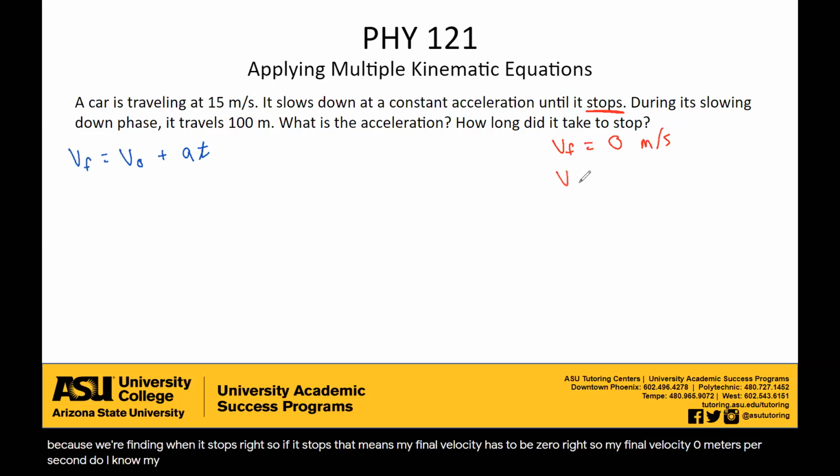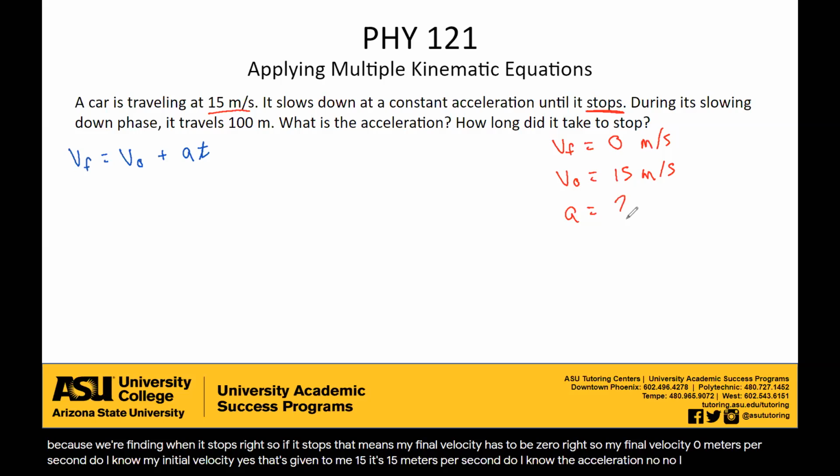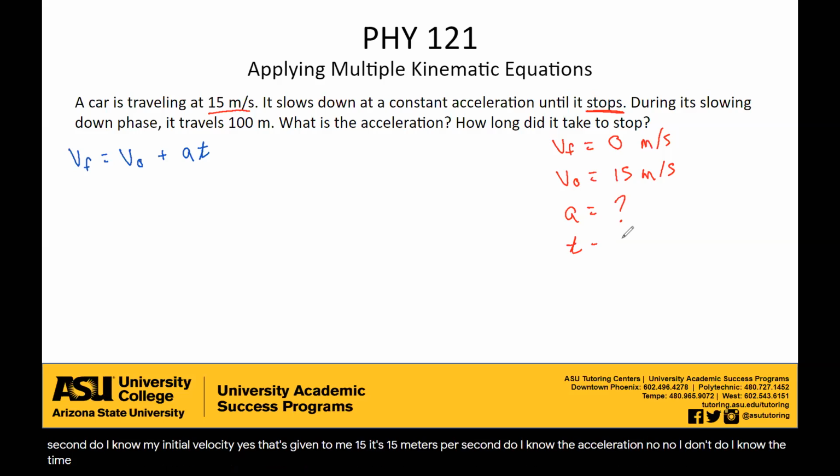Do I know my initial velocity? Yes, that's given to me. It's 15 meters per second. Do I know the acceleration? No, I don't. Do I know the time? No, I don't. That's what I'm trying to find: the acceleration and the time.